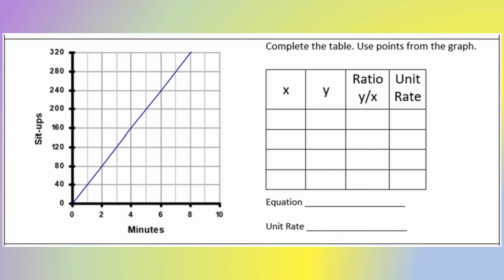Next one. If you don't want to use 0, 0, you don't really have to. Just find more points. Use whichever ones you want to. We can use 2, 80, 4, 160, 6, 240, and 8, 320.